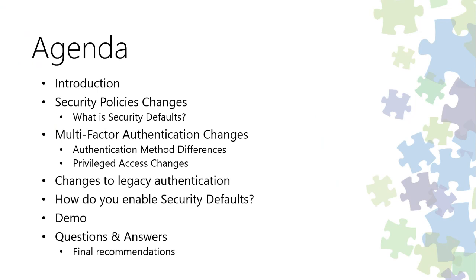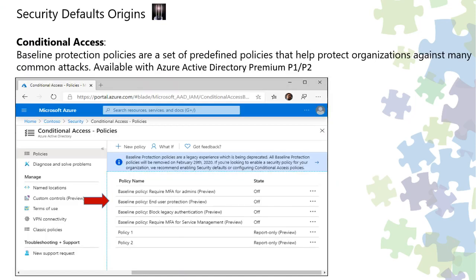And we'll speak on the privileged access changes. Also, we'll touch on the changes to legacy authentication and how you would enable security defaults. We'll also have a small demo. And towards the end of this presentation, we'll have questions and answers and a final recommendation. All right, so I'm going to go ahead and move to the next slide.